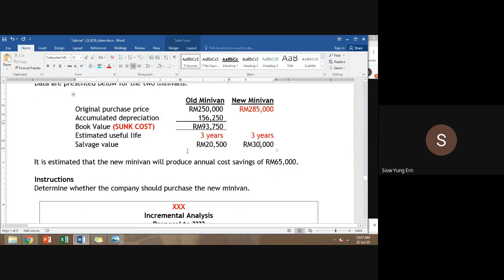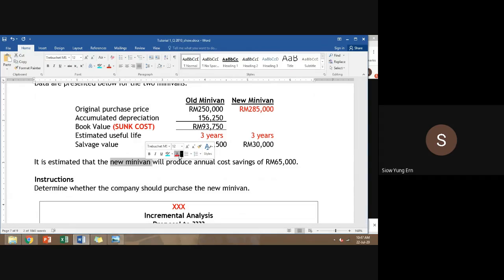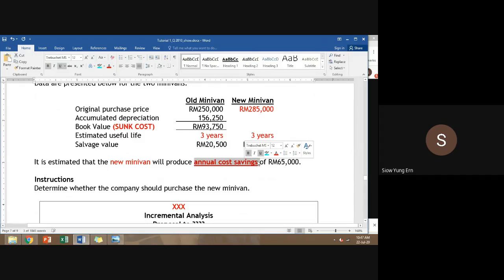So it is estimated that the new minivan will produce an annual cost saving. Okay, so this is slightly different. Annual cost saving, that means they can save costs.